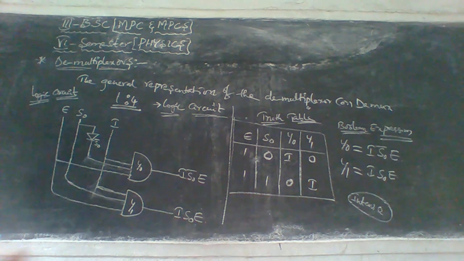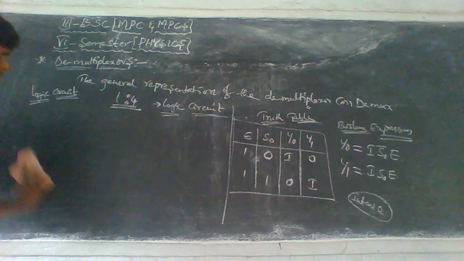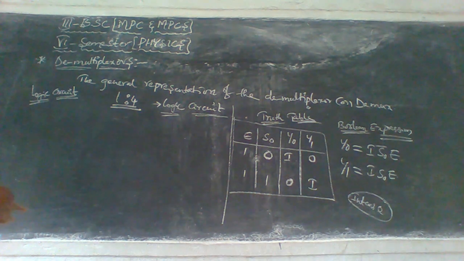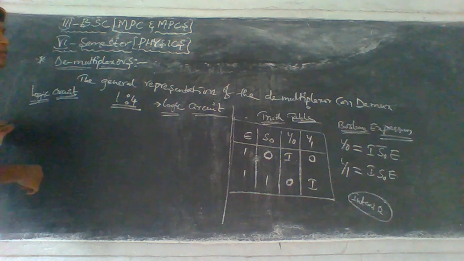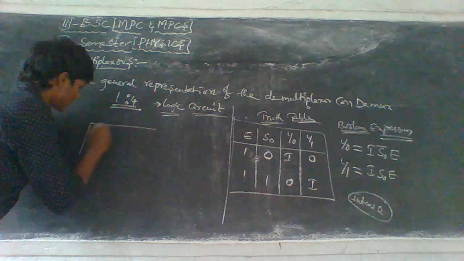Then you see the IC diagram of one line input to four line output demultiplexer.